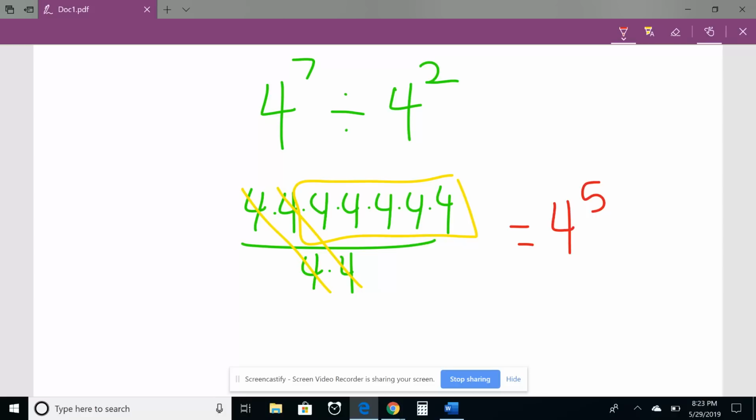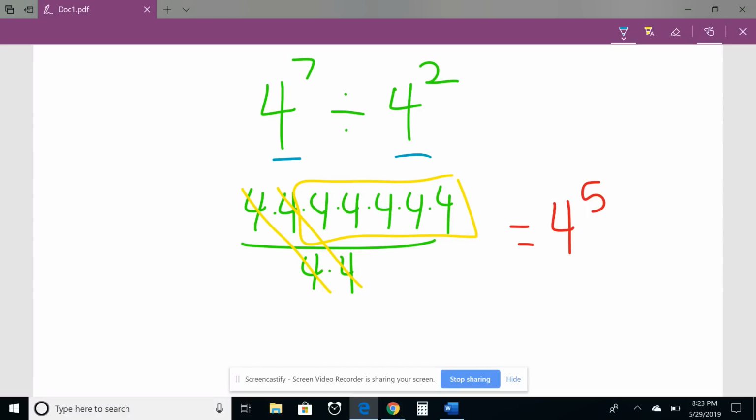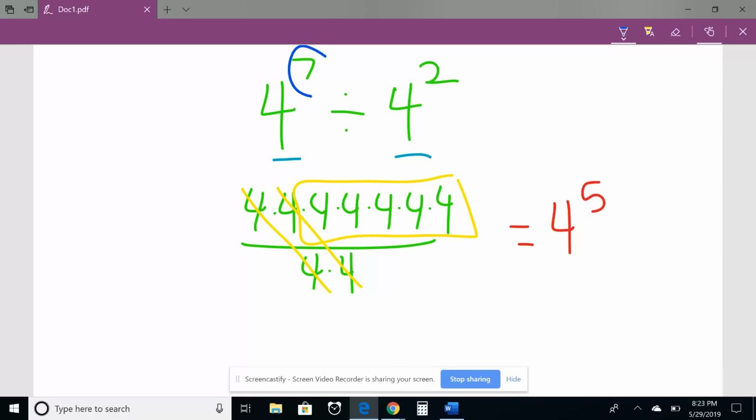But another shortcut is keeping the base and subtracting the exponents. 7 minus 2 is 5. So when you multiply terms with the same base, you keep the base and add the exponents. When you divide terms with the same base, you keep the base and subtract the exponents.